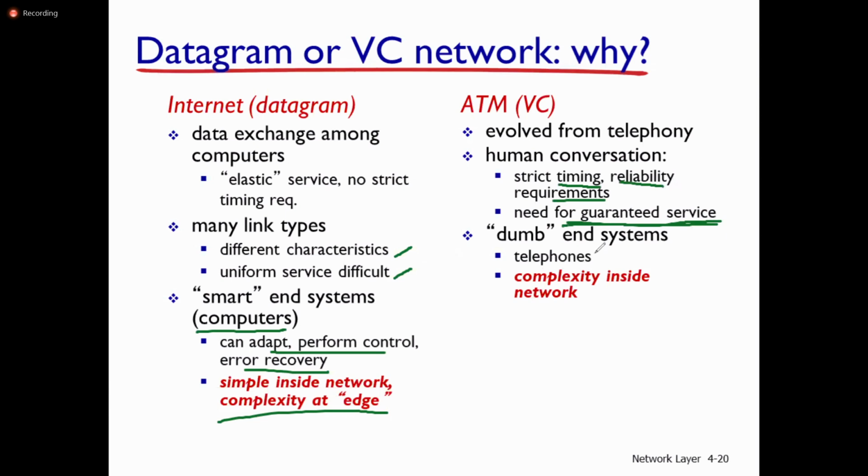For example, telcos. But complexity is inside the network. Datagram: simple inside the network, complexity at the edge. Virtual circuit: complexity inside the network.